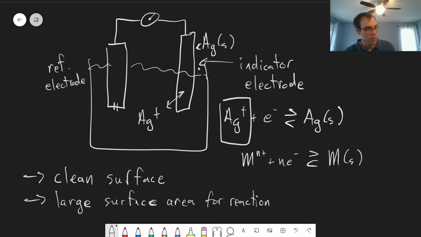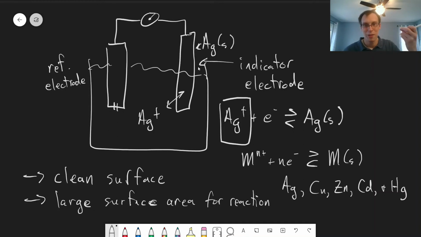And so some specific metals that this can work with to measure their aqueous ions are silver, as I listed here. You can also use copper, zinc, cadmium, and mercury is also one listed in your textbook. Though for that, you can't use solid mercury, of course, because it's a liquid. You need to use an inert electrode.